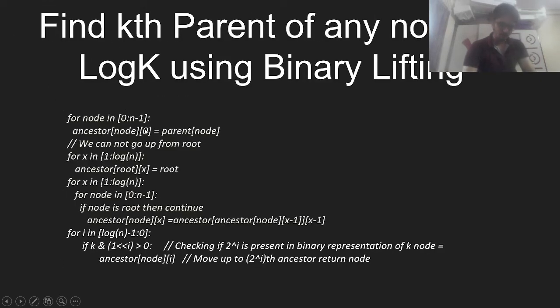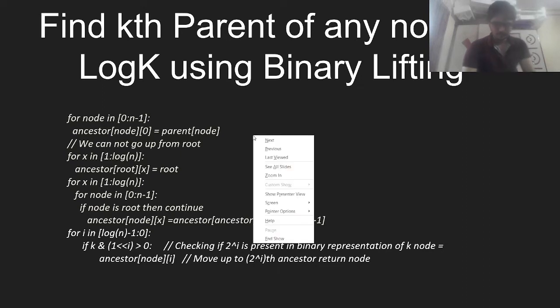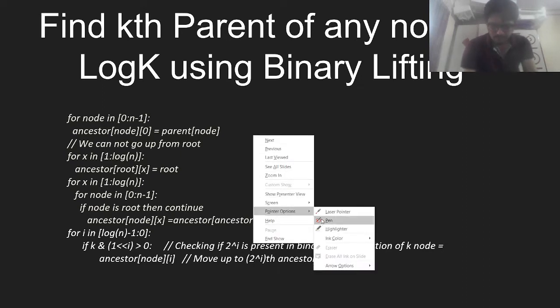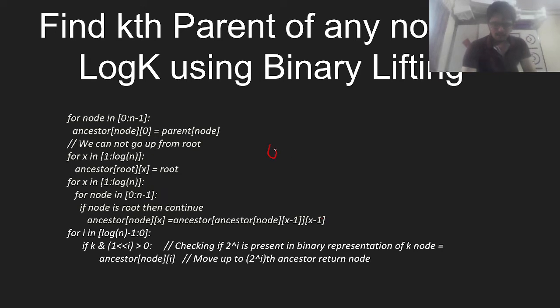Ancestor node 0. What does this mean? Ancestor i j. What does this mean?